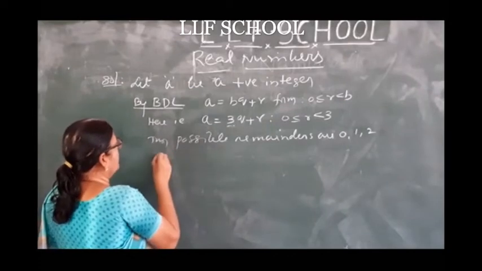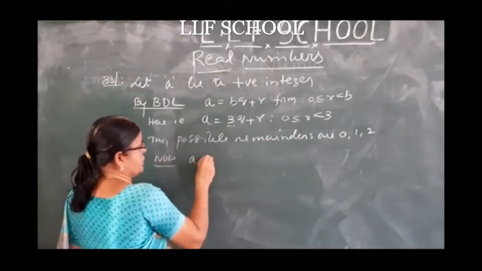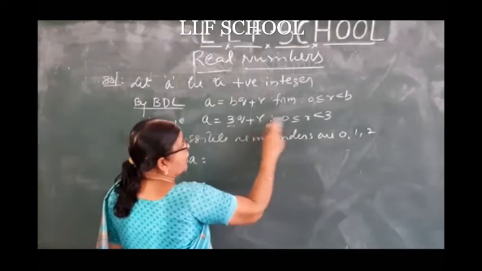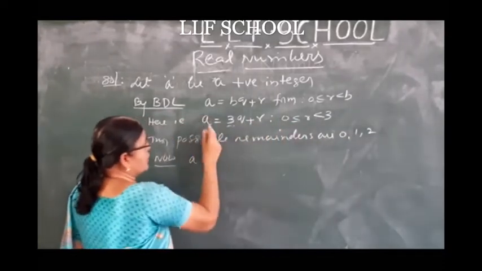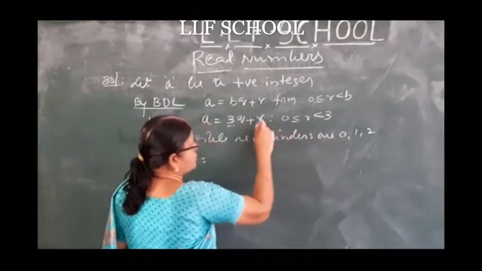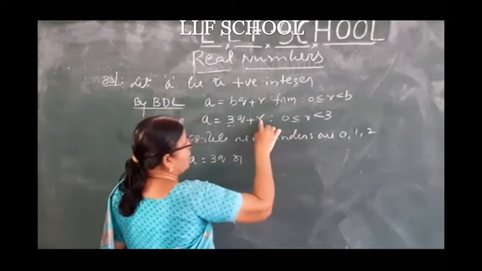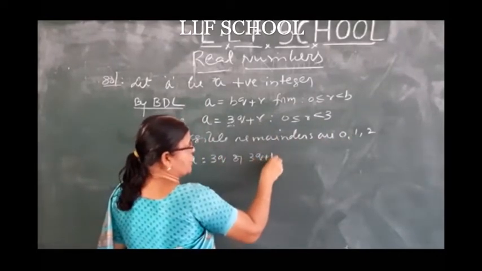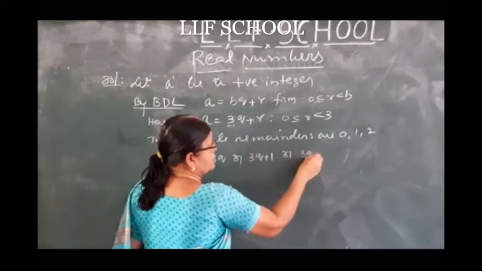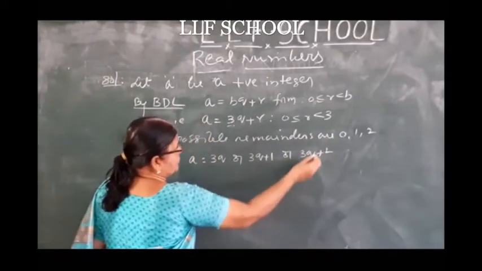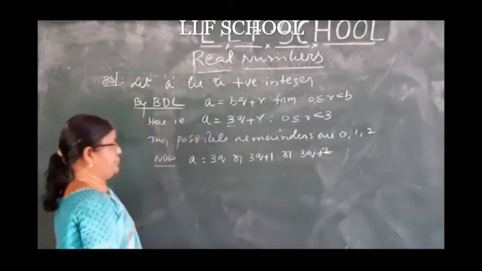So now in place of r, keep these remainders. First, a is equal to 3q, or with 1 in place of r, 3q plus 1, or 3q plus 2.